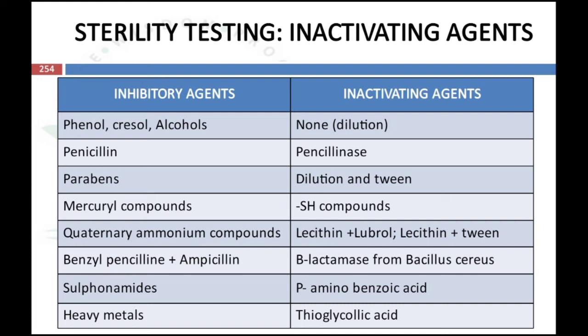For phenol and cresol alcohol, by dilution; penicillin by adding penicillinase; parabens by dilution and by adding Tween; mercurial compounds by adding sulfate compounds; and quaternary ammonium compounds by adding lecithin, Lubrol, lecithin and Tween. So these are the different inactivating agents which are used to inactivate the actions of inhibitory agents.